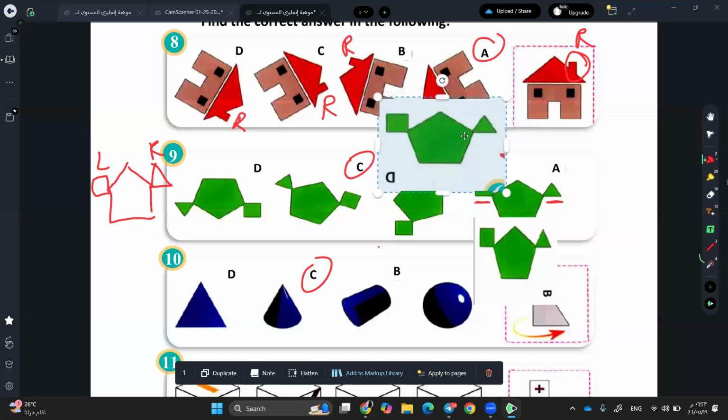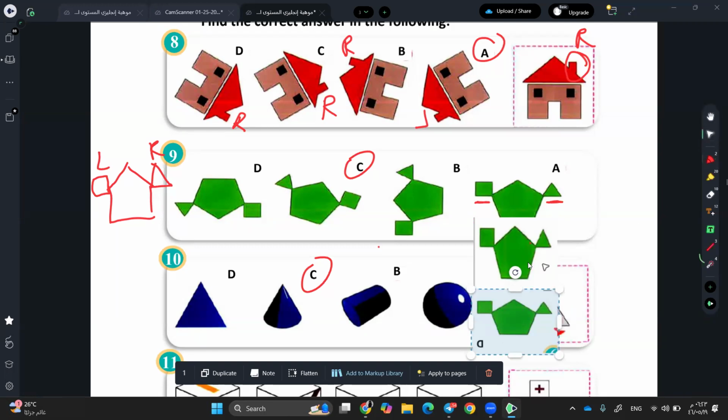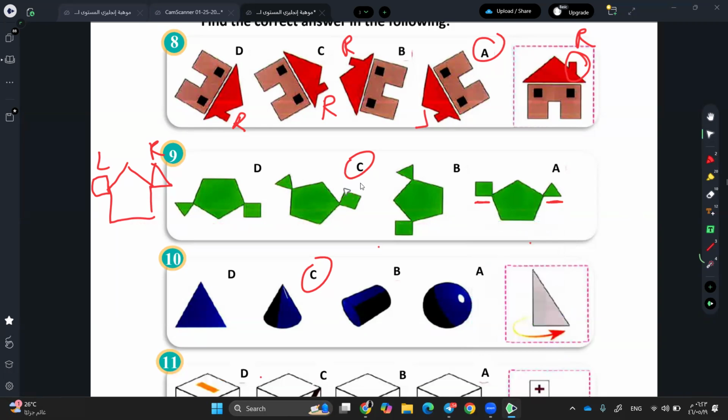What I mean by the word same is the pentagon in the middle, the triangle on the right and the square on the left. But the only one that has the square on the right and the triangle on the left is C. So it's going to be the different shape.